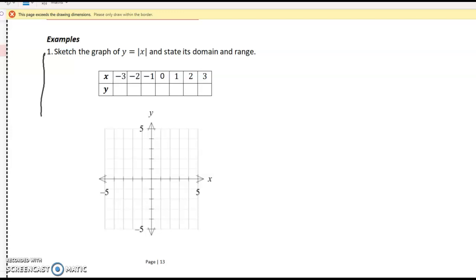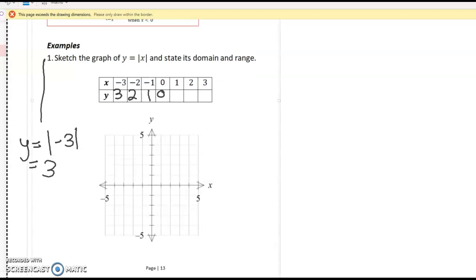Alrighty, so if we put into our function y equals absolute value of x, -3 in the place of x, then that's going to become positive, so the value is just +3. And that will be the same for all those negative values, so 2 and 1 and 0, and then 1 and then 2 and then 3 as I sub those in.